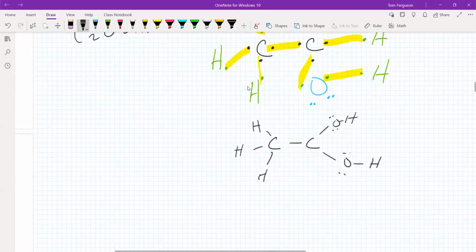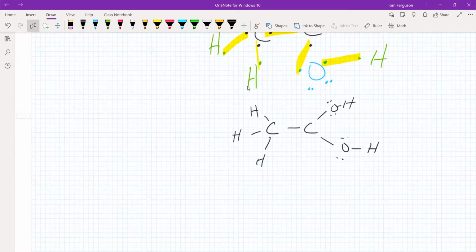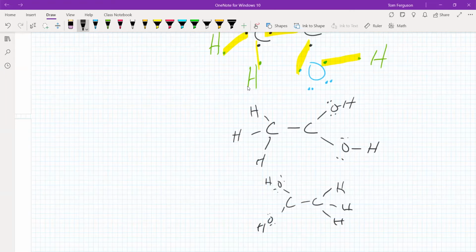Now let's draw another legal structure. Now these structures, I can flip them horizontally. In other words, these are the same structures. Same structures.